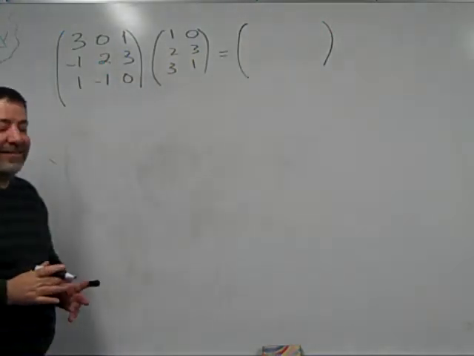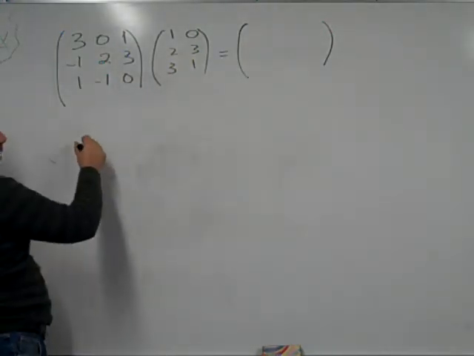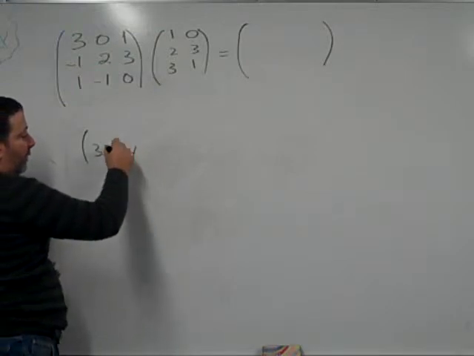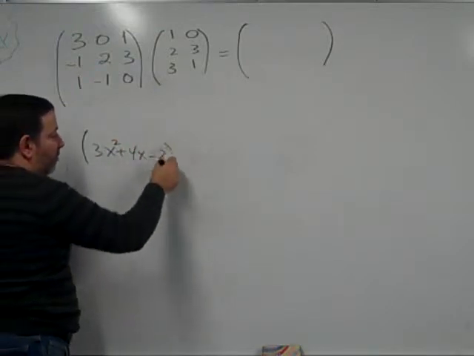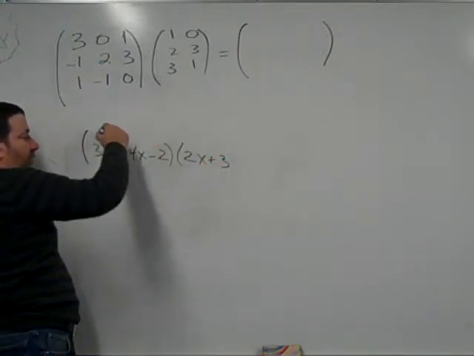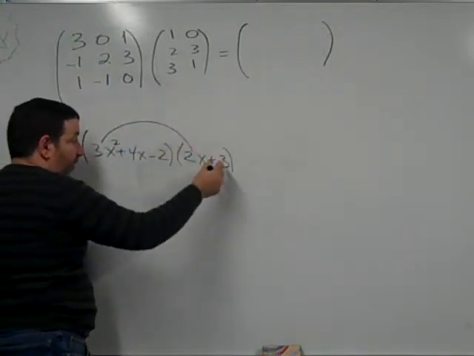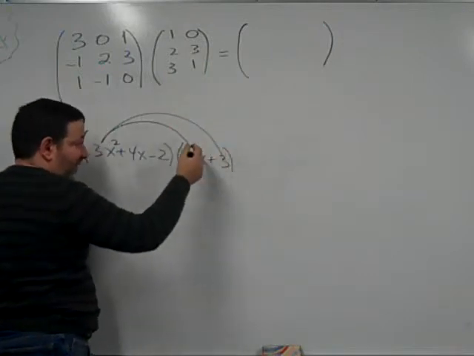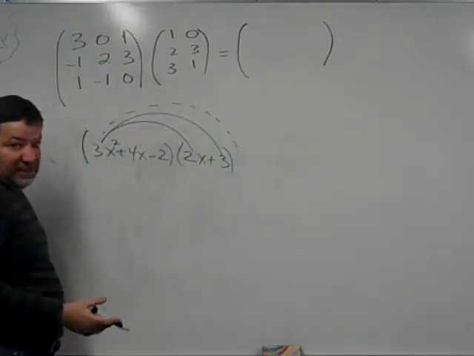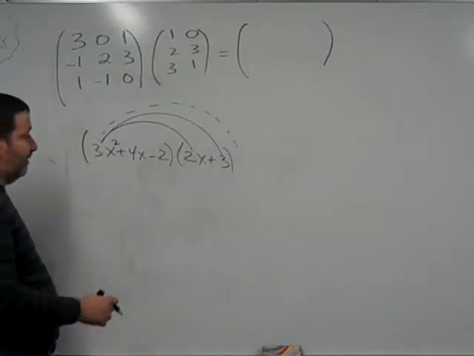Now, just like when you're multiplying polynomials, 3x plus 4, 3x squared plus 4x minus 2 times 2x plus 3. You multiply the first by the first, the first by the second, and if there is, a first by the third. But there is none. So then you go to the second.